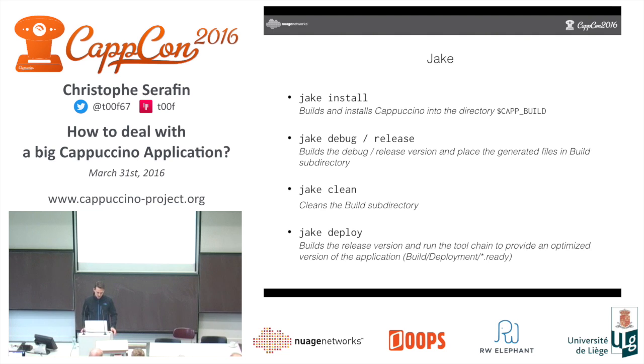And the Jake deploy that we were talking about builds the release version, but also launches all the toolchain that we discussed. In the build directory, you will then have a deployment folder with a specific folder, suffixed by .ready, and this is the application that you can provide. This is the application that you can put behind your FTP or web server to be served.